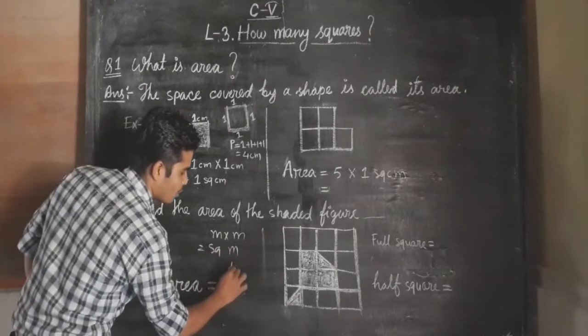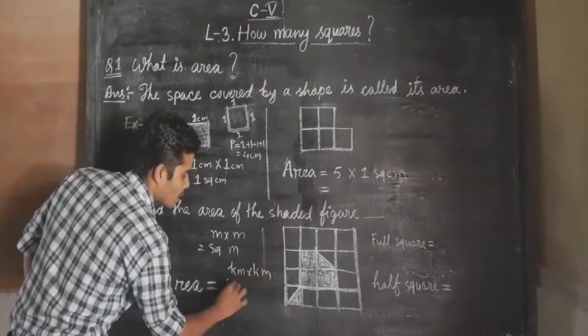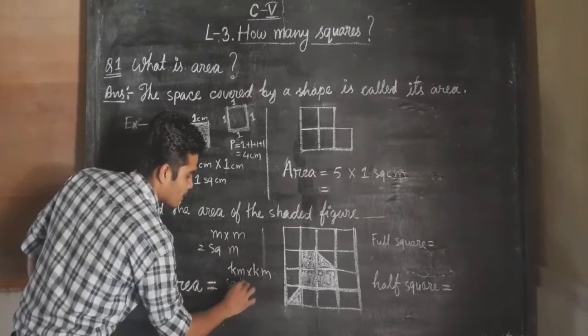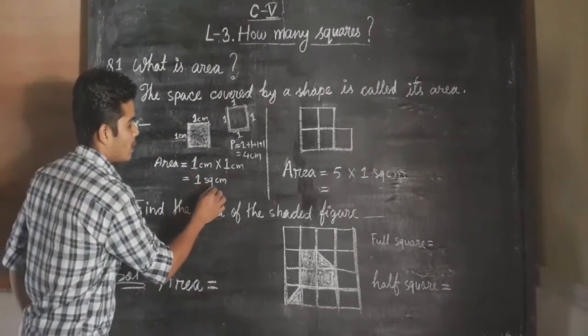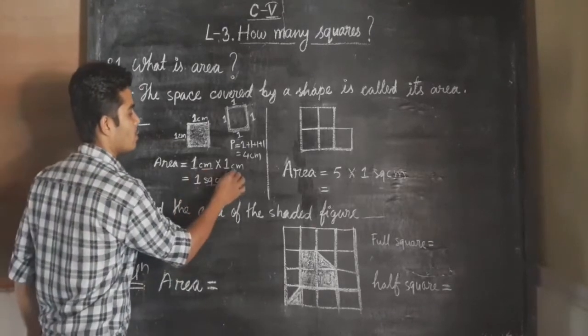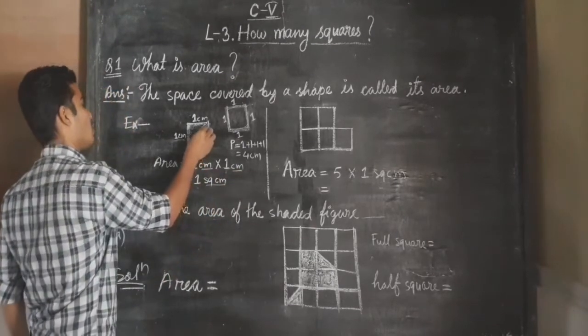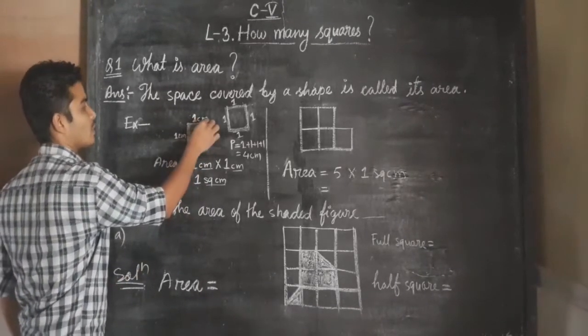If I multiply kilometer into kilometer, I get square kilometer. So here I got square centimeter after multiplying centimeter into centimeter. This small square covers 1 square centimeter of space.